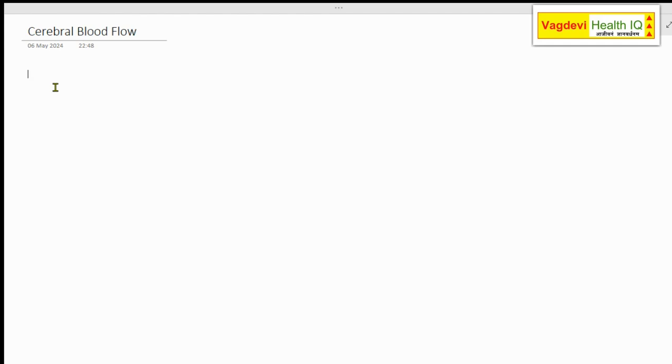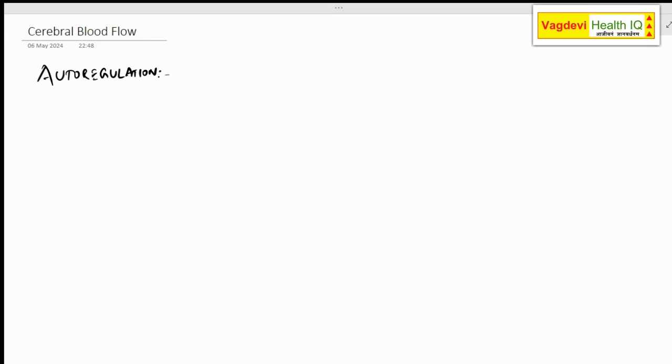So we will talk about the autoregulation. So what is autoregulation? How do we define it now? Autoregulation is a compensatory mechanism which permits fluctuation in perfusion pressure, cerebral perfusion pressure, within limits without significantly altering the cerebral blood flow.